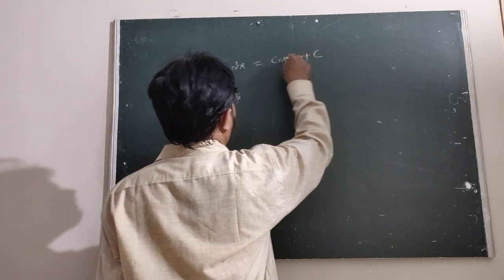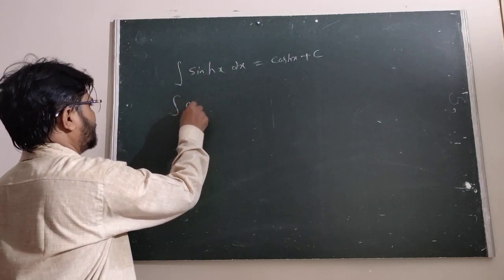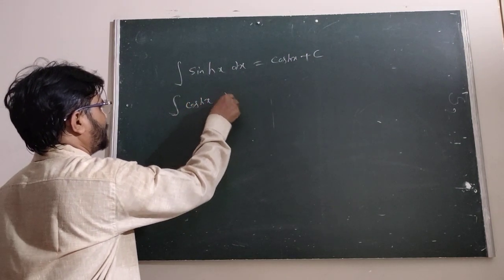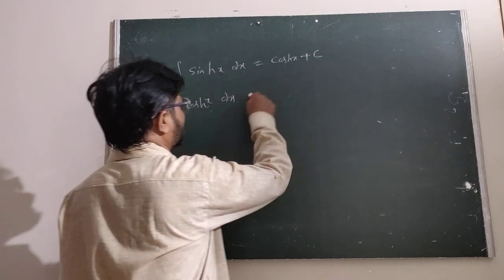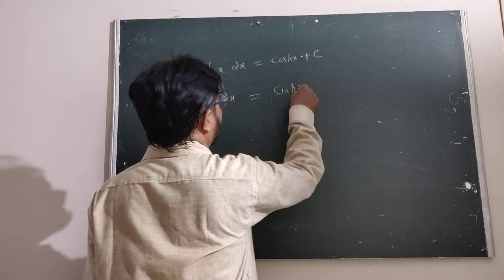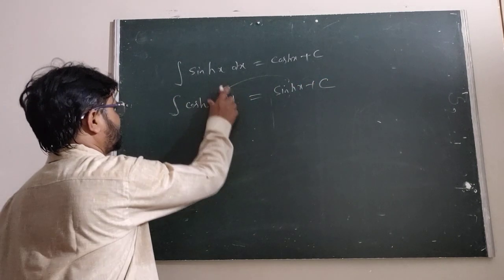The derivative of cos hx is sin hx. After that, we can write the integral of cos hx dx, which is sin hx plus c.